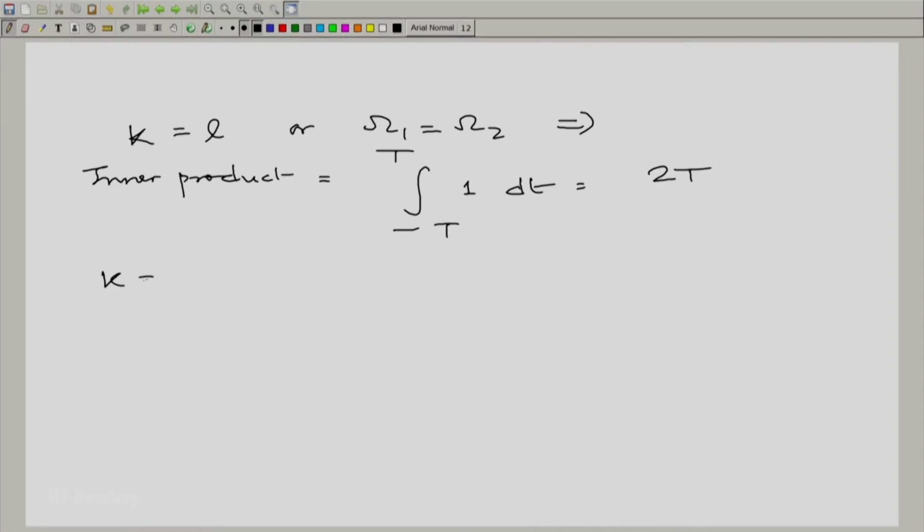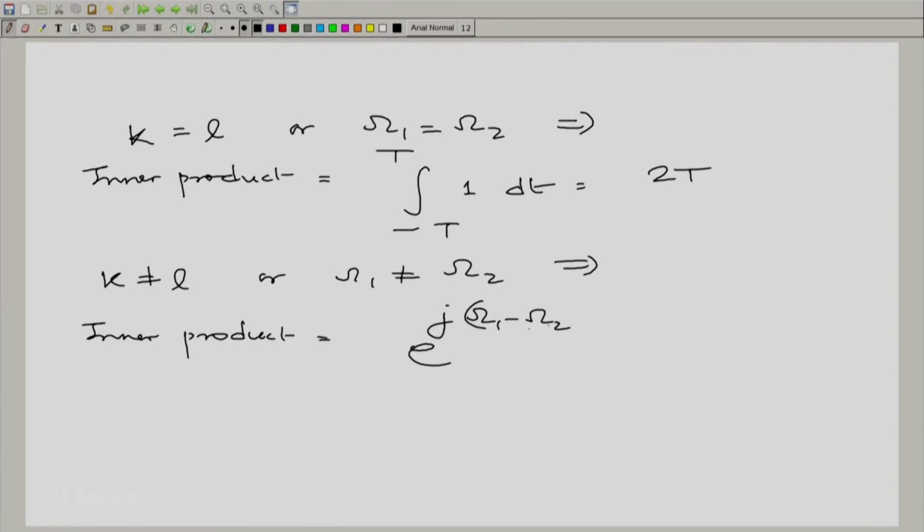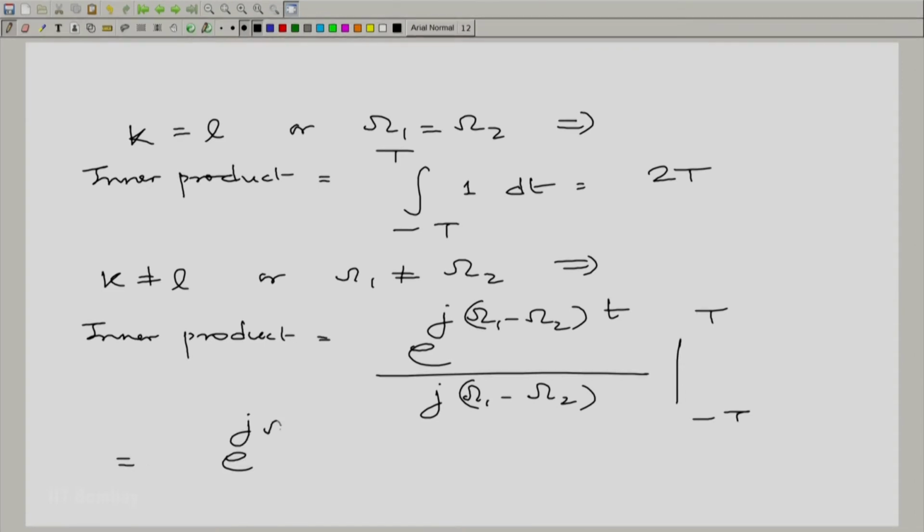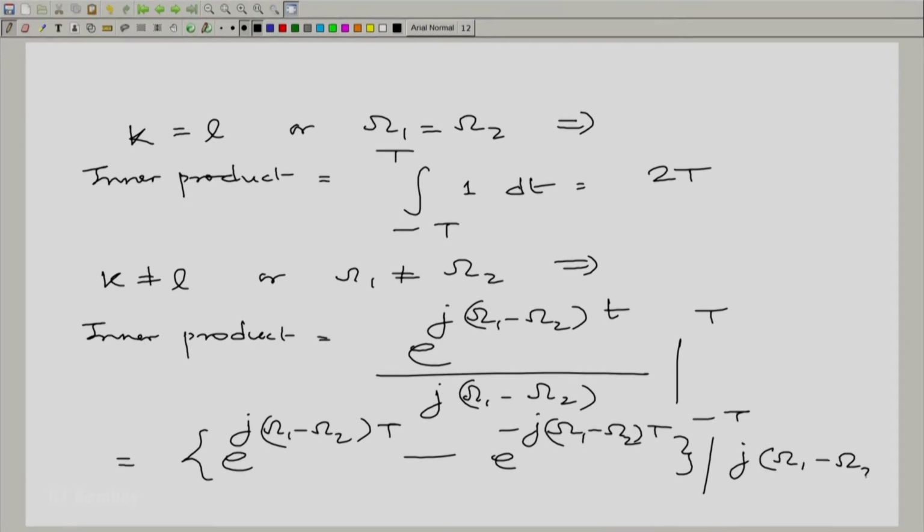And of course, when k is not equal to L, or omega 1 is not equal to omega 2, then we have the inner product becoming e raised to the power j (omega 1 minus omega 2) t divided by j (omega 1 minus omega 2), evaluated from minus T to plus T, and that is very easy to evaluate. It is e raised to the power j (omega 1 minus omega 2) T minus e raised to the power minus j (omega 1 minus omega 2) T, the whole divided by j (omega 1 minus omega 2).